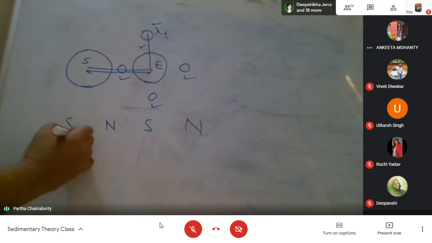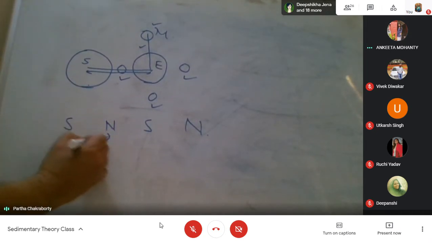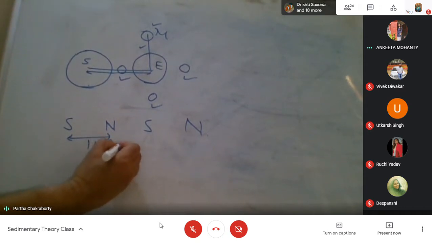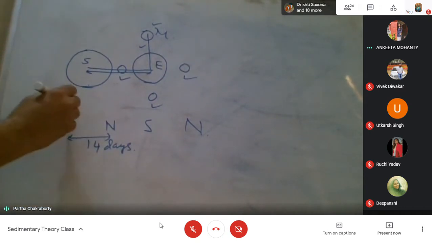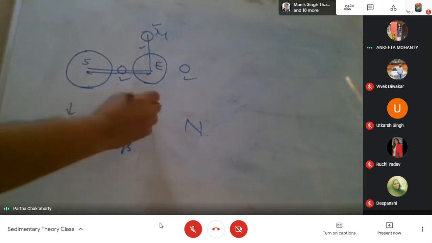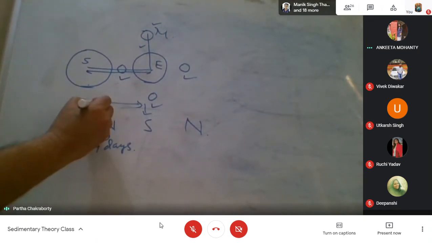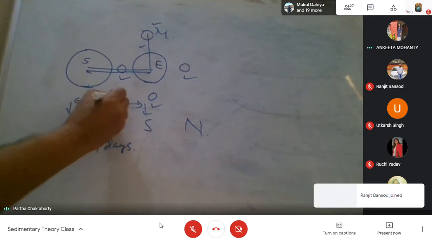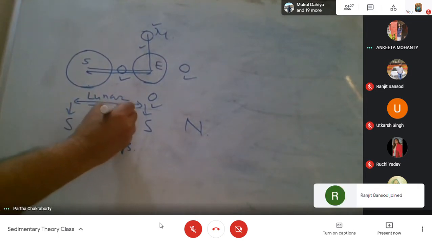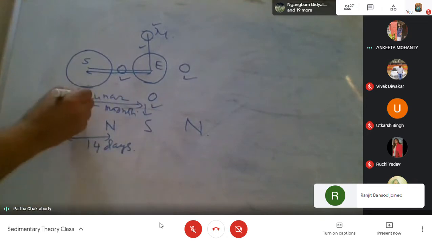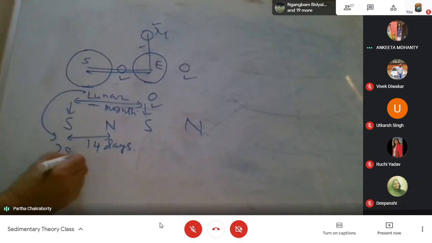This cycle, from spring to nip, takes 14 days. From one spring to another spring is what we call the lunar month. What is a lunar month? It is of 28 days.